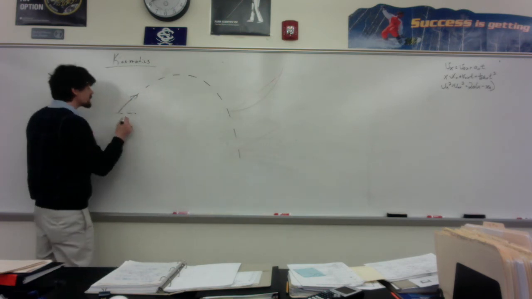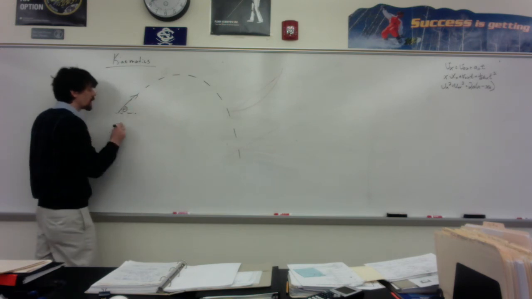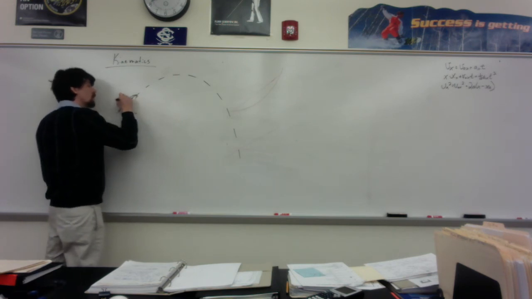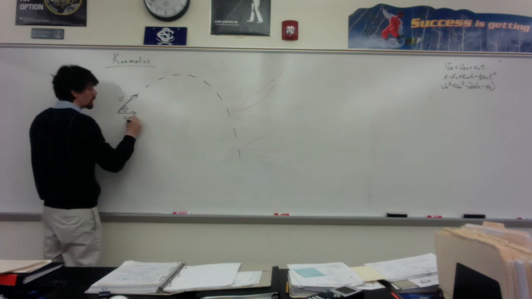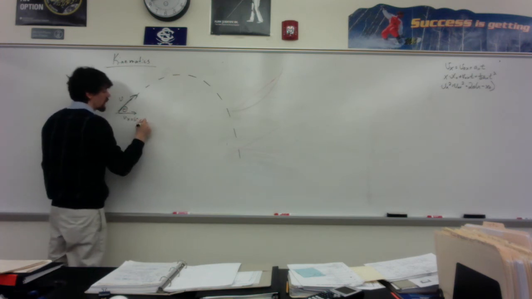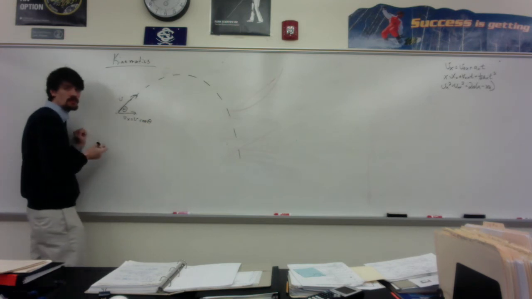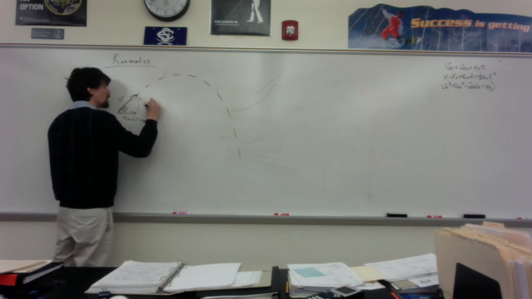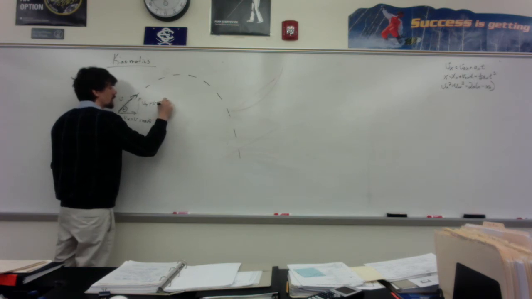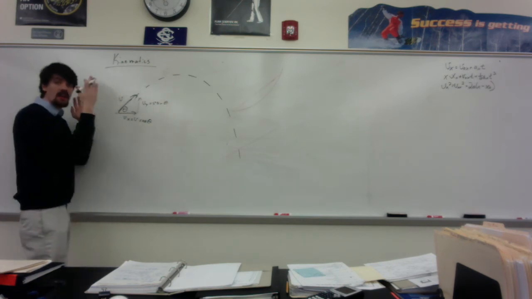But what we can say is, if it's shot at some angle theta, and I know this velocity here, I know that Vx, in terms of what I have here, will be V times cosine theta. This is old school stuff, breaking things up into components. In this component, Vy would be equal to V times sine theta. Now what can I do with that?